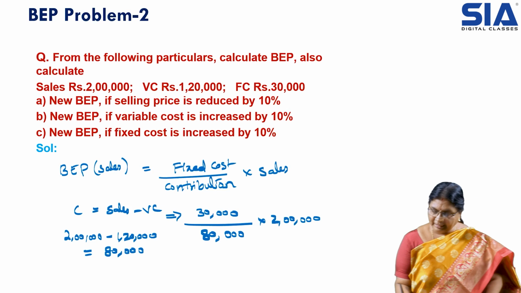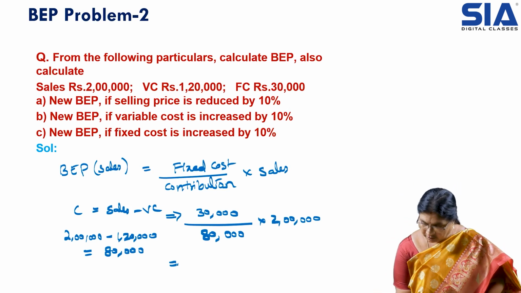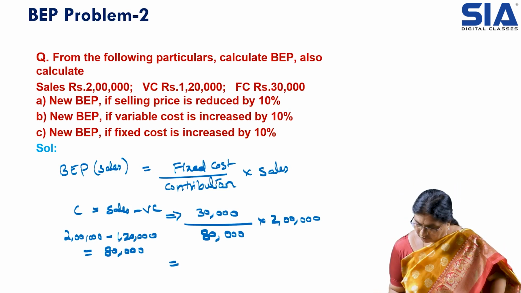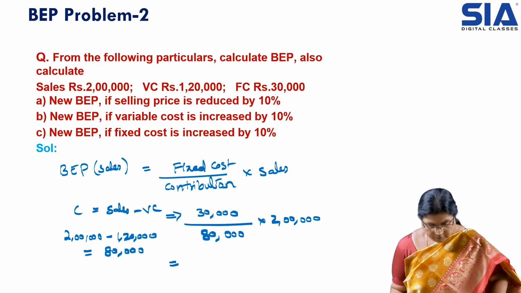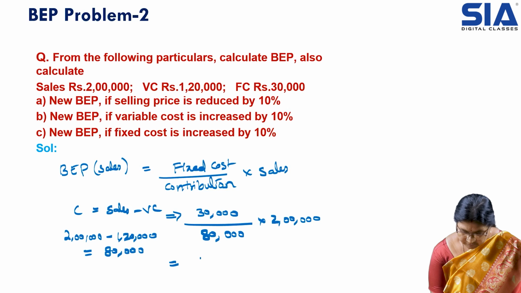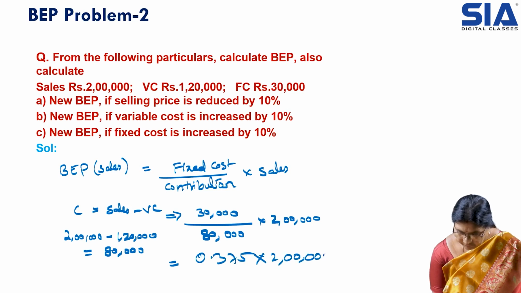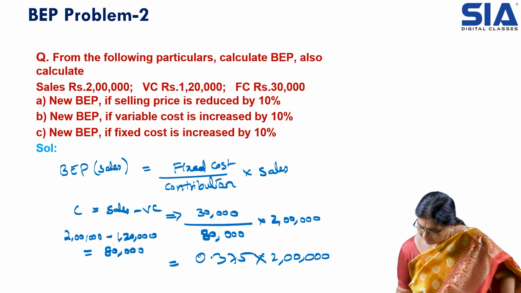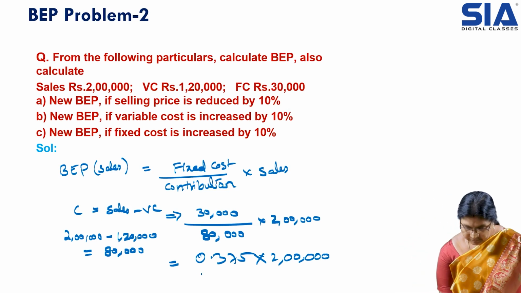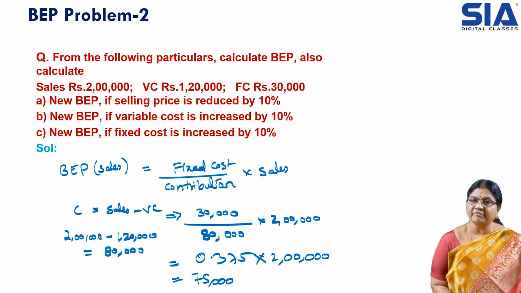If I calculate this, it is 30,000 divided by 80,000, that is 0.375 into 2 lakhs. So the actual BEP sales is 75,000.